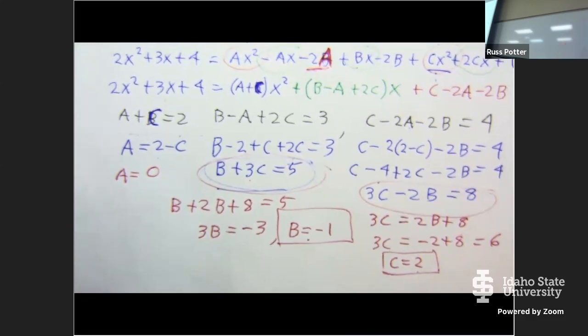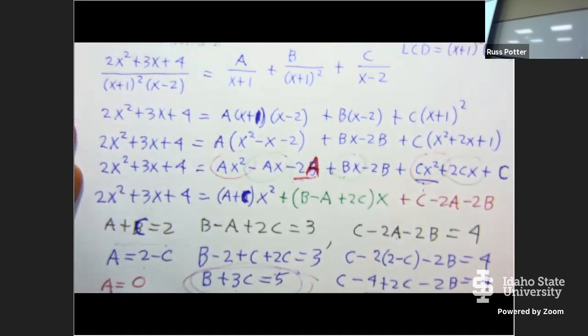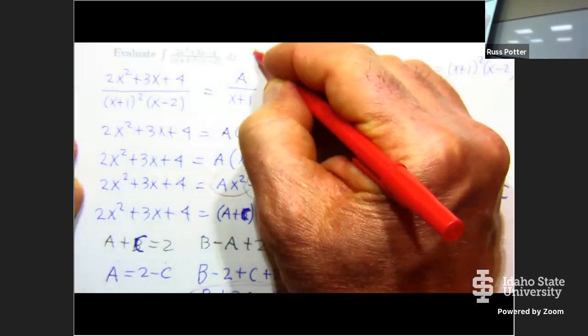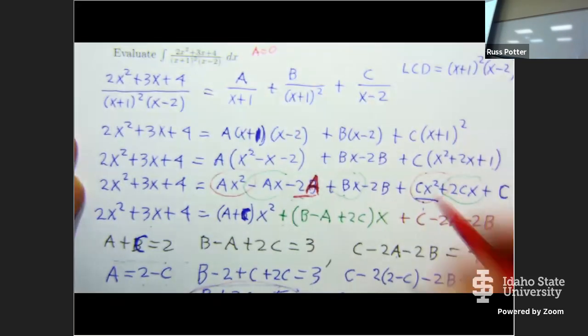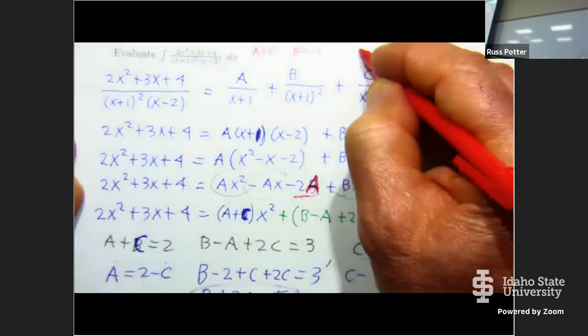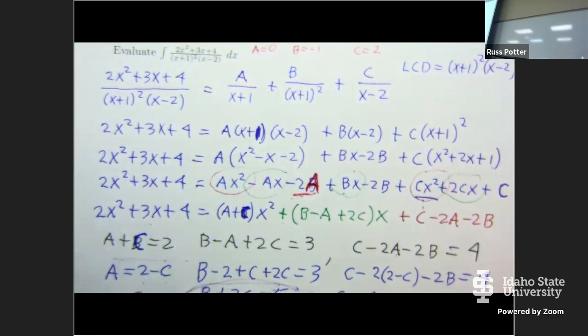Okay, but let's go back up here to the original partial fraction decomposition. We found that A is 0, B is -1, and C is +2. So all we have to do is evaluate.